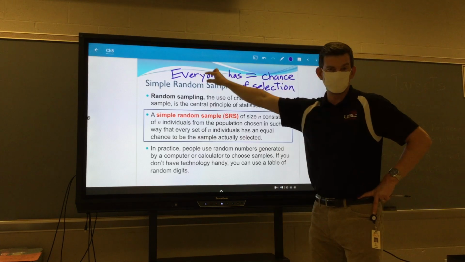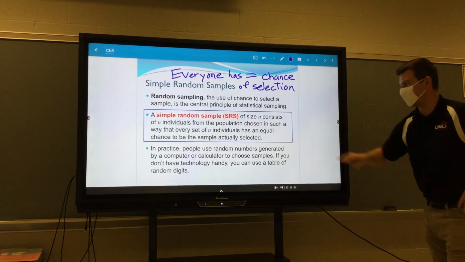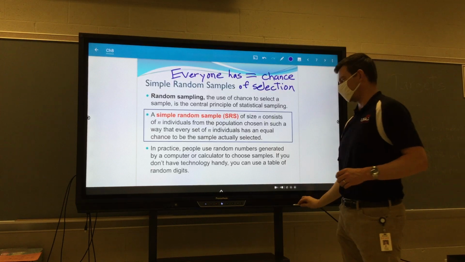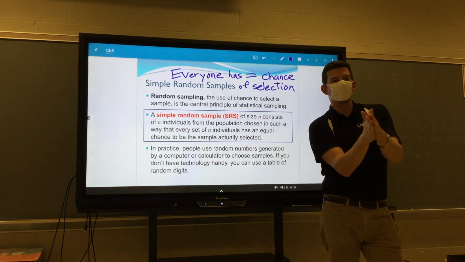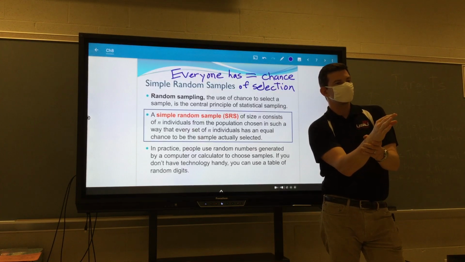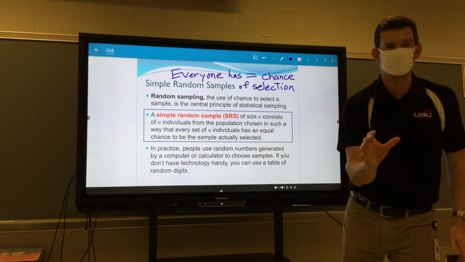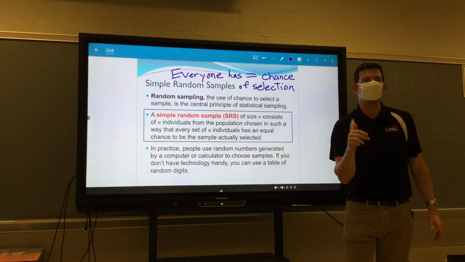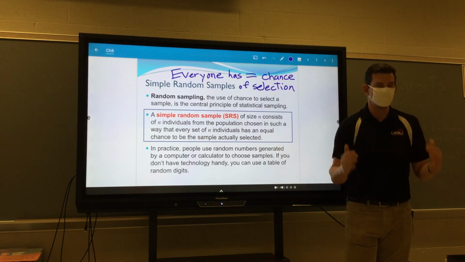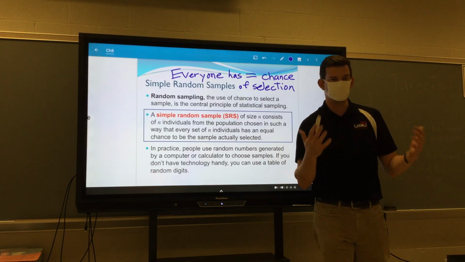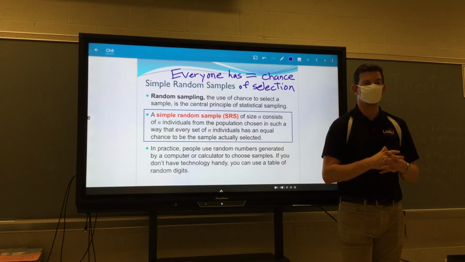We see that definition of random in this definition of a simple random sample. Now, that word simple is kind of a misnomer. It's simple in that it's easy to understand what it is. It is not simple in execution, especially across a large population.